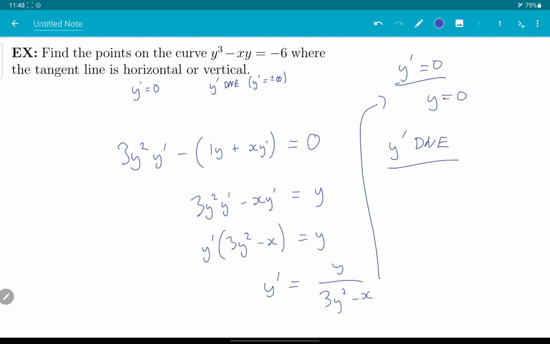Y prime does not exist. That's when the denominator here, this guy, is 0. Okay, division by 0 gives me the DNE. So x is equal to 3y squared.